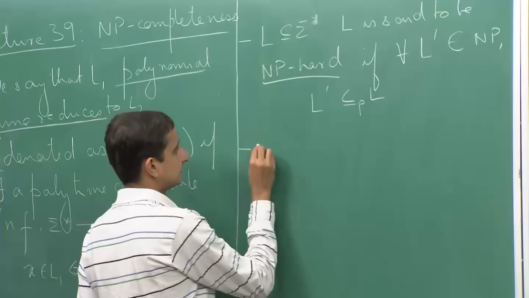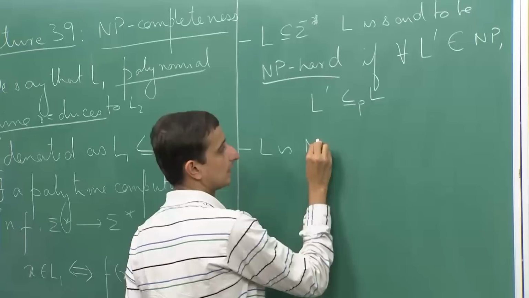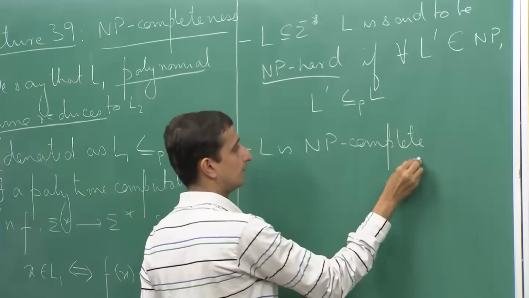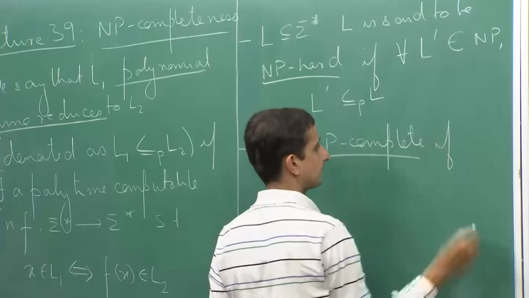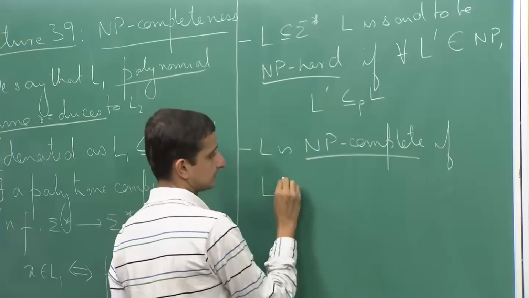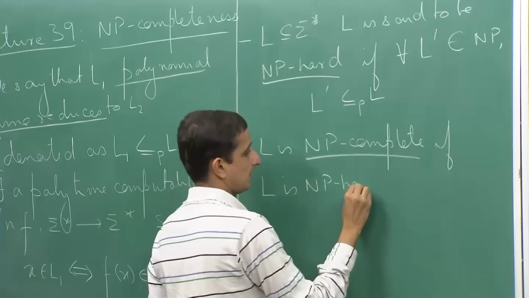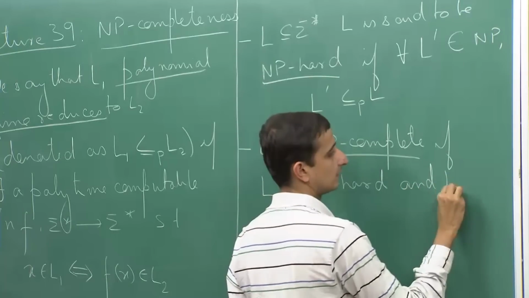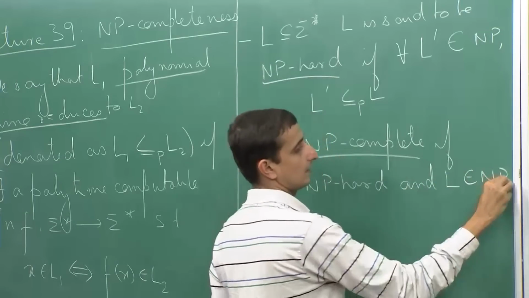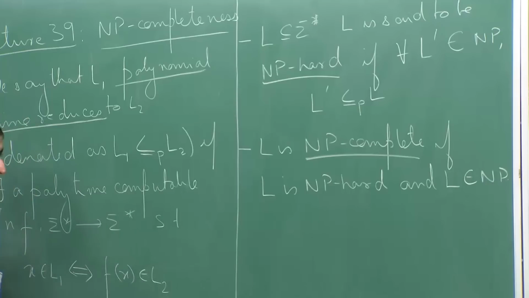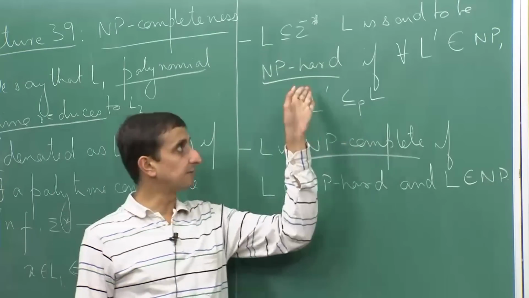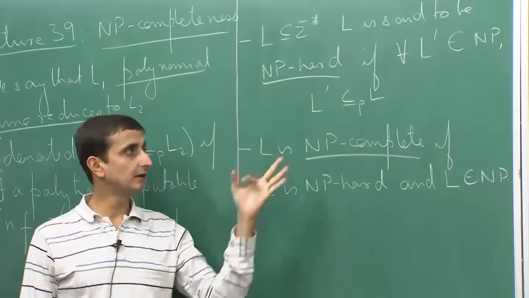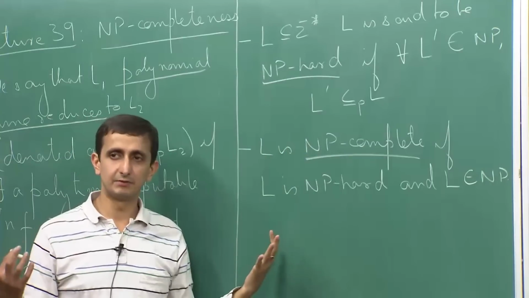Now, we say that L is NP complete if L is NP hard and L belongs to NP. If a language is NP hard, it need not necessarily lie in NP. Maybe it lies outside NP. That can very well happen.